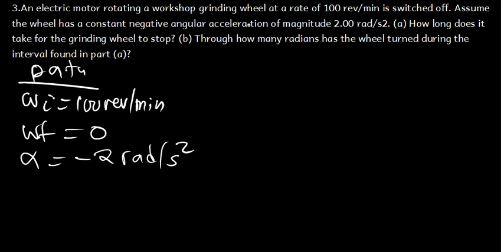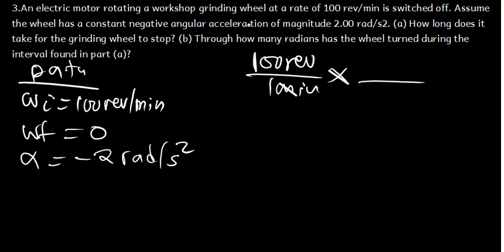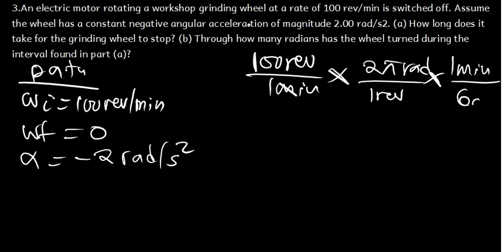We have to convert this to rad per second. So we say 100 revolutions in 1 minute, times, in 1 revolution, how many rad do we have? We have 2 pi rad. In 1 minute, how many seconds do we have? We have 60 seconds. As you can see, the revolutions cancel, and the minutes also cancel.